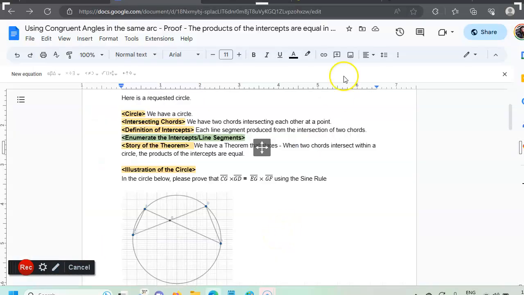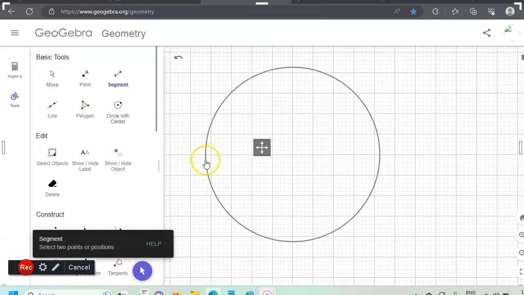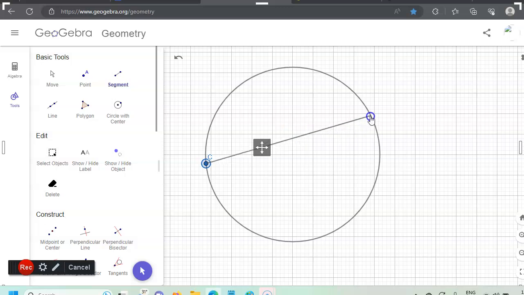And then we are going to draw intersecting chords. So we have chord CD, and then we have chord EF. These two intersecting chords intersect at point G.